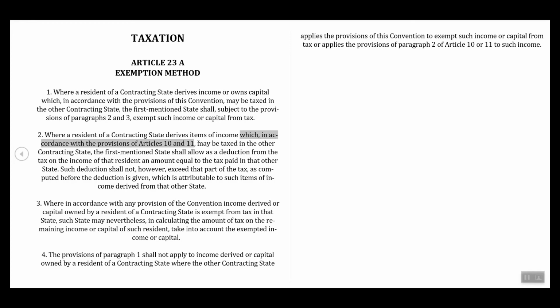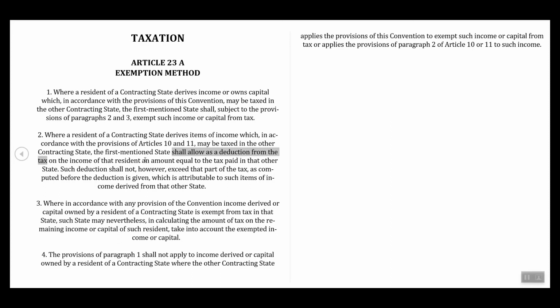We had Article 10. So where a German resident gets income under Article 10, which may be taxed in the other state, so in Far Western, then the first mentioned state, that is again Germany, shall allow a deduction from the tax. That's the so-called credit method.